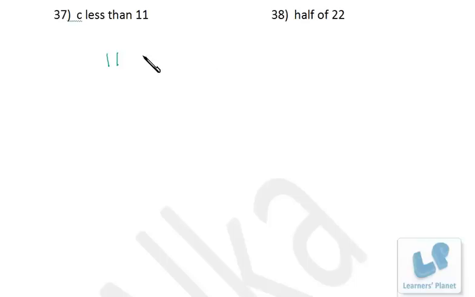Half of 22, half of means multiplication. You might have studied this in math, so of is multiplication. Half of 22, or we can call it 22 by 2.